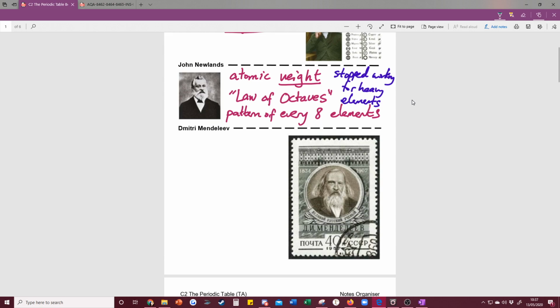And the key thing about Dmitri Mendeleev is that he did pretty much the exact same thing as John Newlands: organize them by atomic weight, notice the pattern, but he left gaps. Now let me tell you, this is a very common exam question: what did Dmitri Mendeleev do that made his periodic table the successful one? And that was because he left gaps.